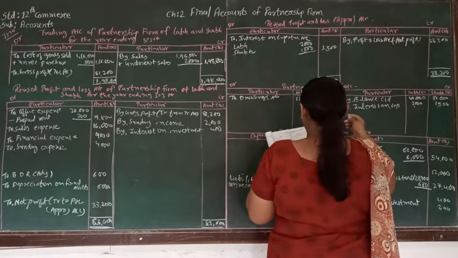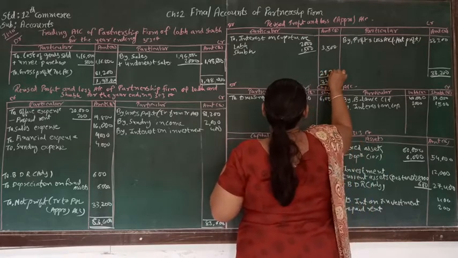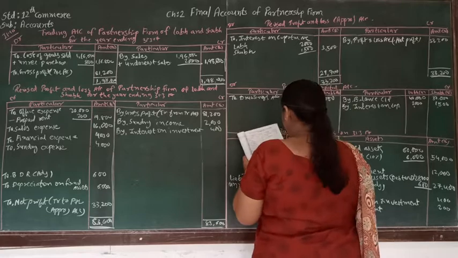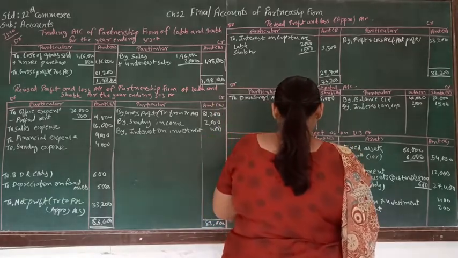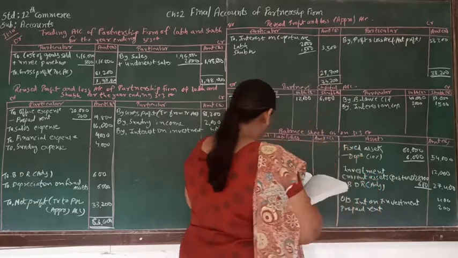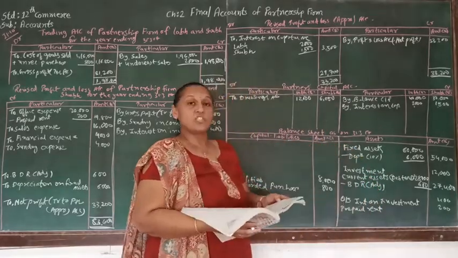From there, if we deduct 3,500, the balancing amount will be 29,700. Here we are supposed to distribute the profit in the ratio of the old profit. That is, the old profit is distributed in the ratio of 3:2.